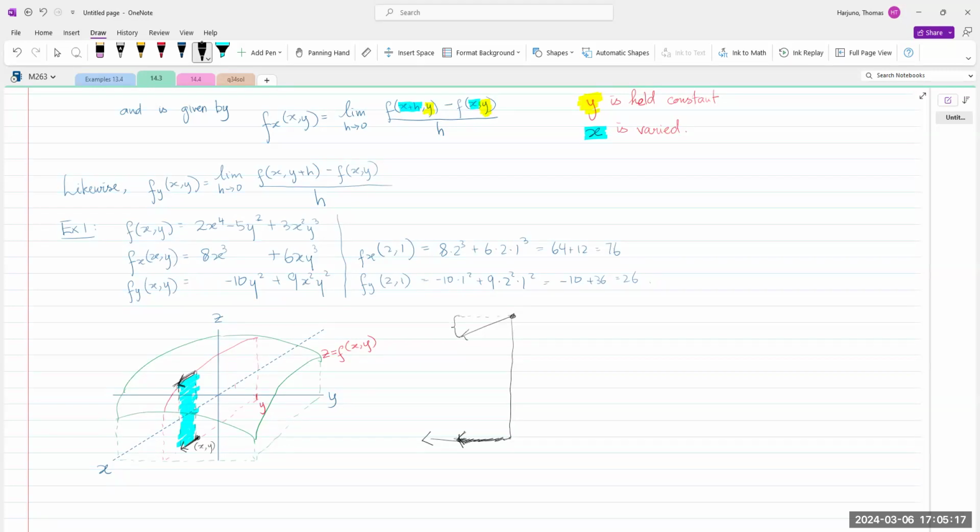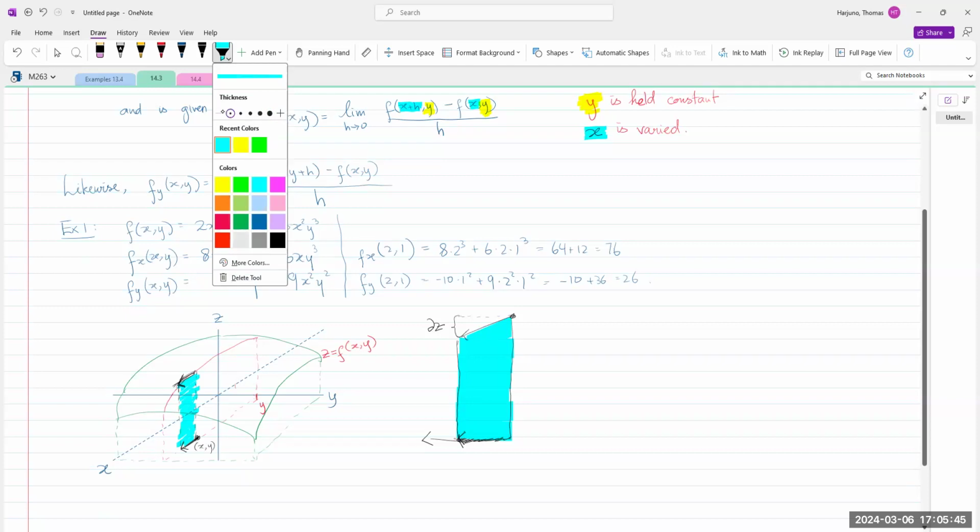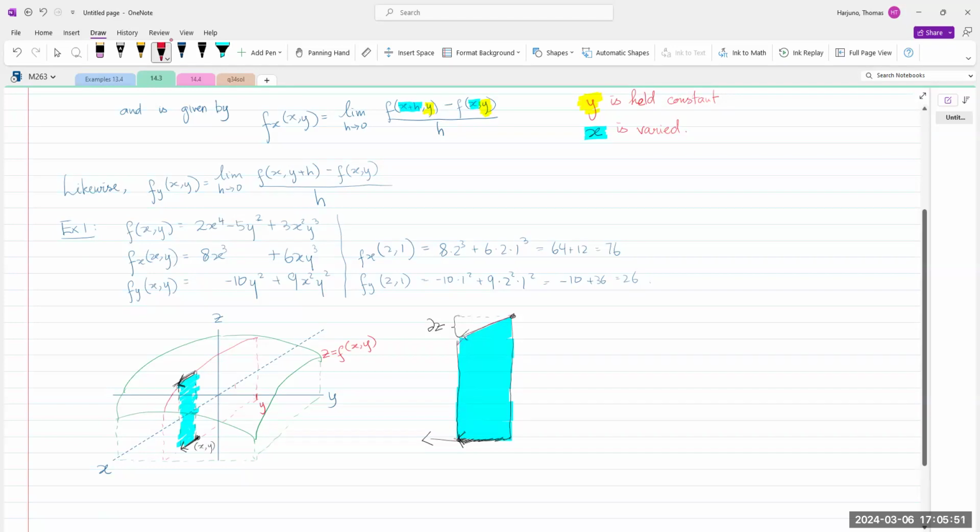This is your delta z. Now the curve may be like this. Maybe the cross section looks like that.